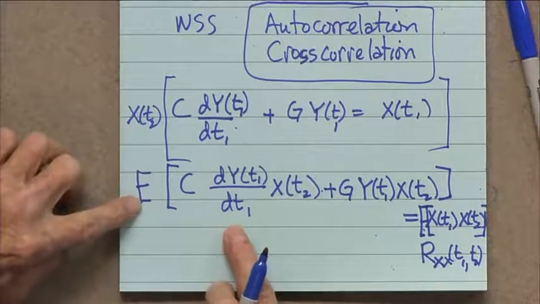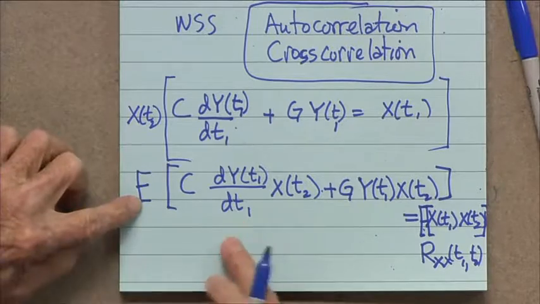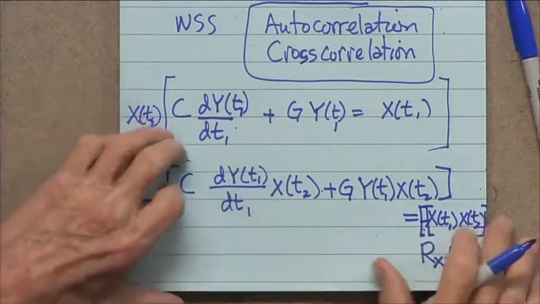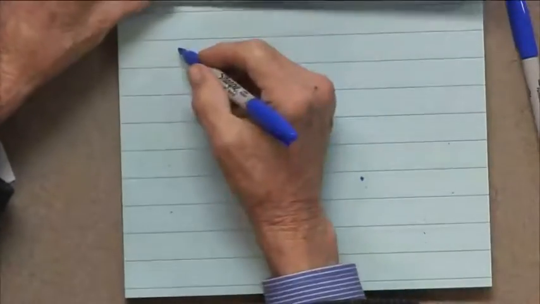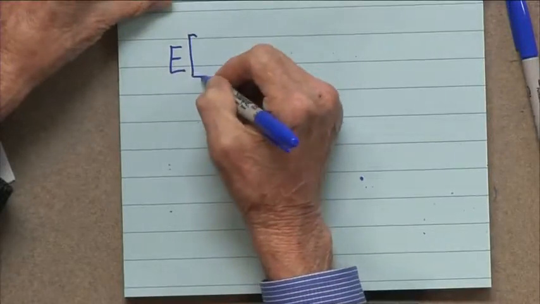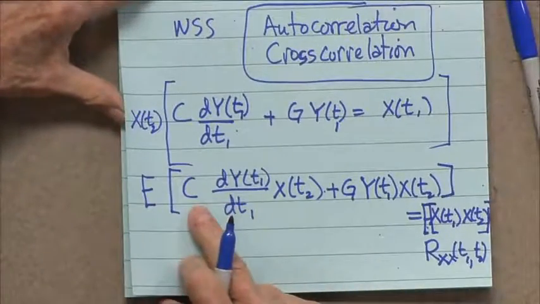And so this first term, the expected value, well, C is a constant, the capacitance.